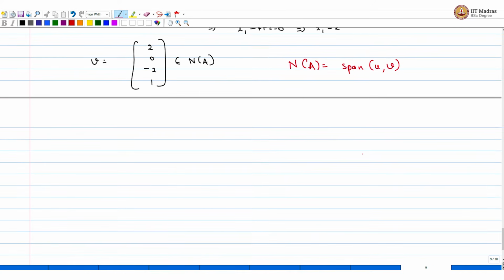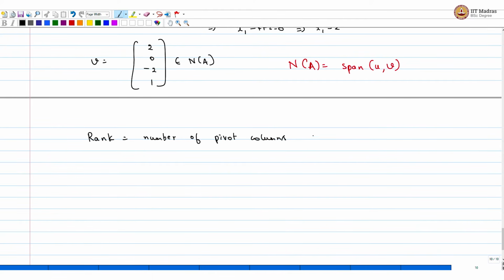Now this quantity, rank, you might have learned before. The rank is the same as the number of pivot columns.